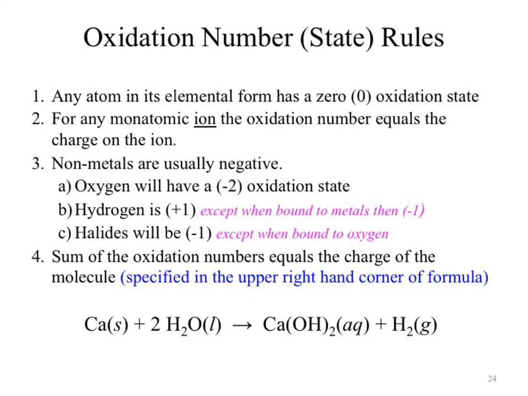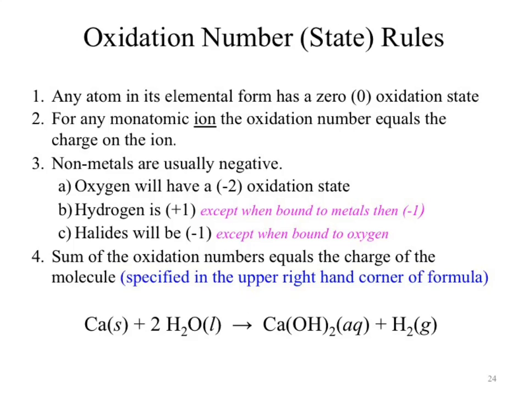For any monatomic ion, the oxidation number equals the charge on the ion. So if I asked you for the charge on magnesium ion, you would tell me it is plus 2. What is its oxidation state? Plus 2. Same thing.